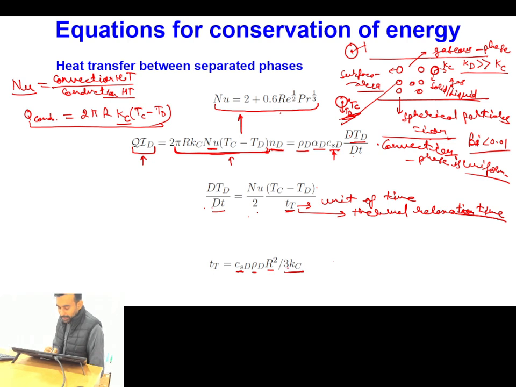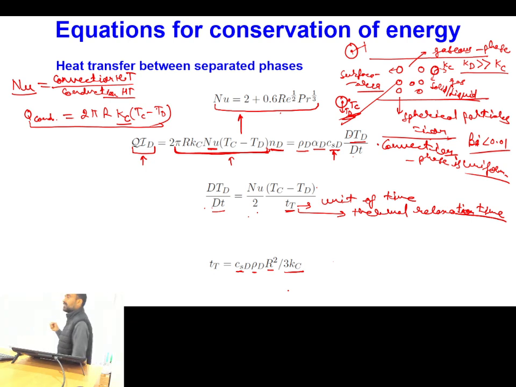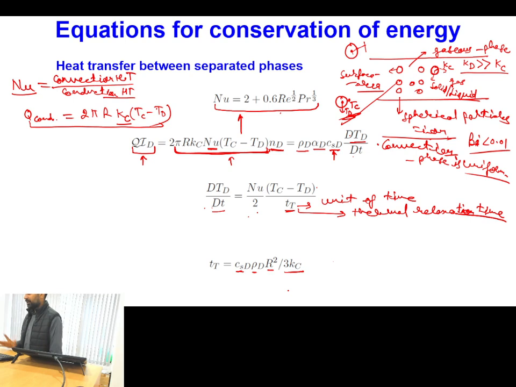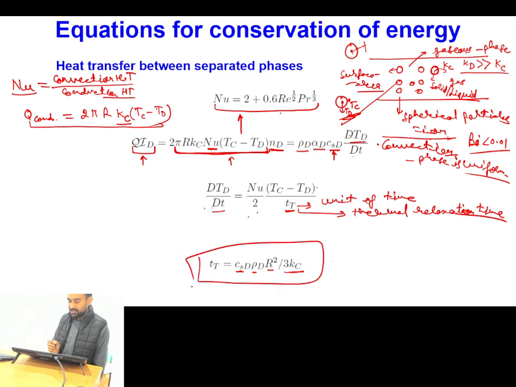And why have we taken the thermal conductivity of the surrounding phase? Because we have assumed the situation that solid or liquid particles are present in the gaseous phase, and the gaseous phase has low thermal conductivity, which is controlling the overall rate of heat transfer. Is this one clear?